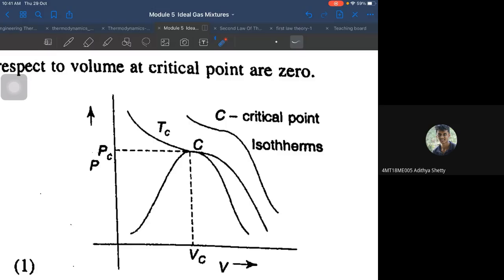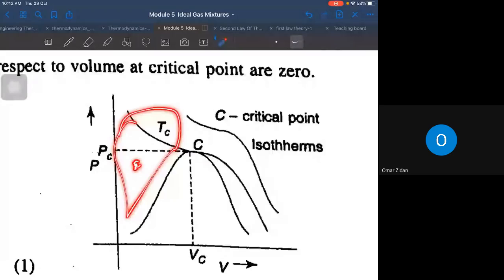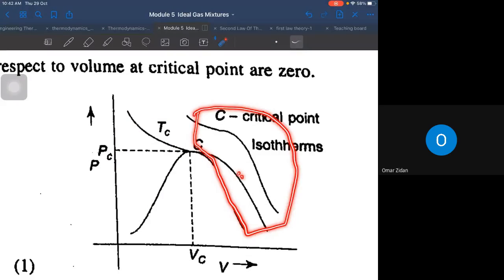So in the region which I have just highlighted on your screen, what exists? Whether liquid exists there, whether vapor exists there, or liquid plus vapor exists there. Pay attention, guys.